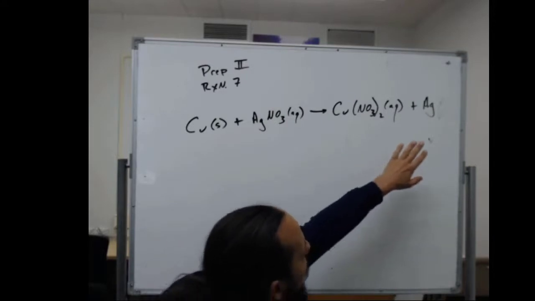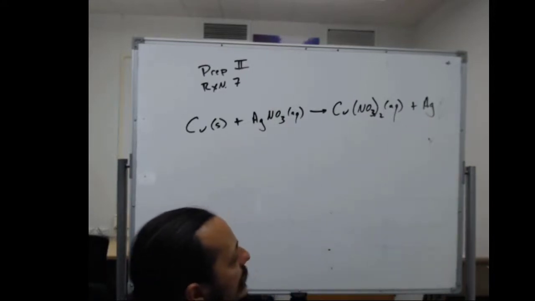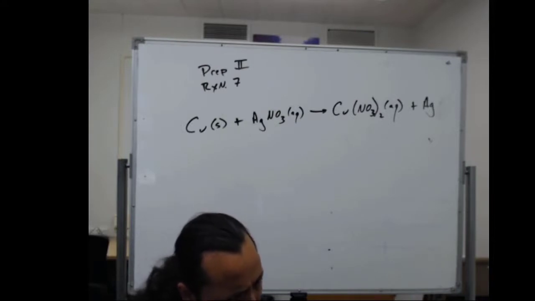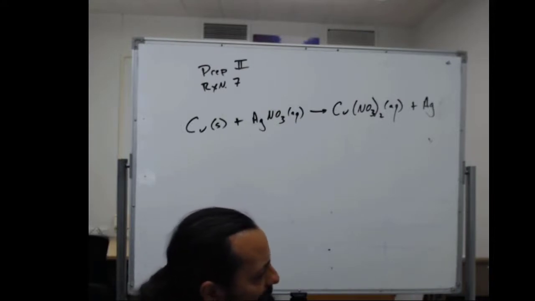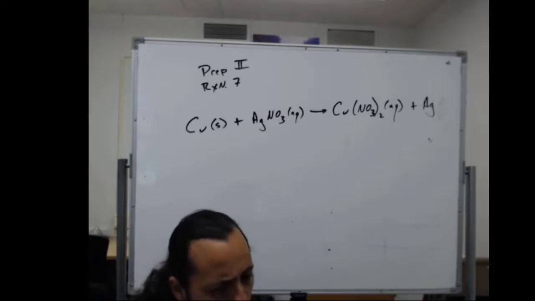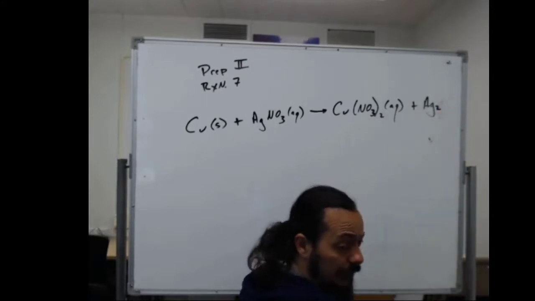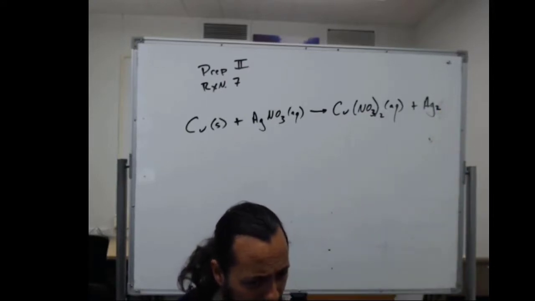And so the question becomes, what's the nature of this silver over here? Is it an ion that needs something to balance it? Or is it a solid, if it's just silver atoms? So you said you put Ag2, right? Is that correct? Yeah.